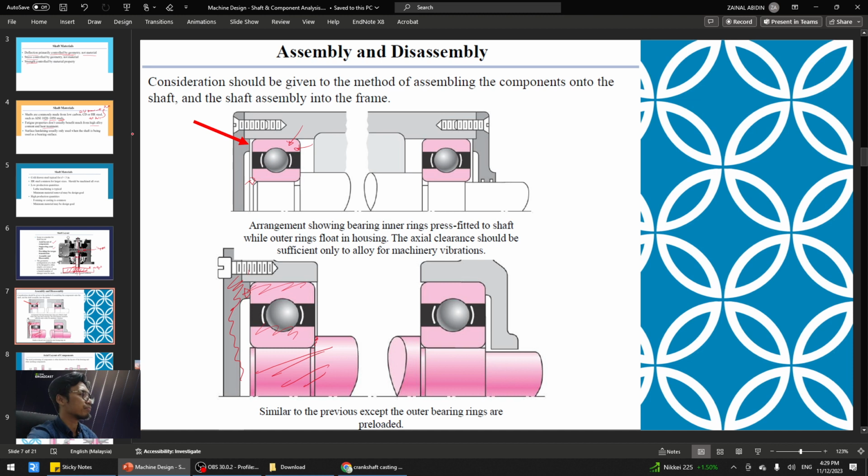Okay, you must consider on the assembly and disassembly. Macam mana you nak disassemble dan assemble. For example, kalau macam ini dia ada skru depan dan belakang, tak ada masalah lah. You boleh masuk saja dari mana-mana you punya shaft ni. Tapi on this side, dia hanya ada satu saja cap yang you boleh buka kat sini.